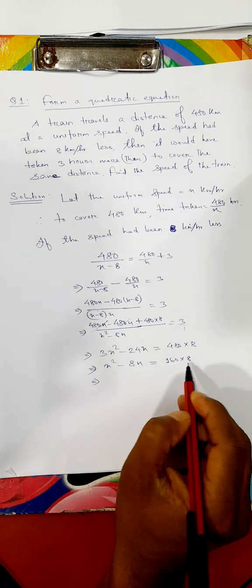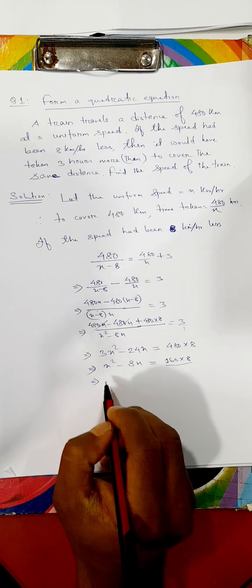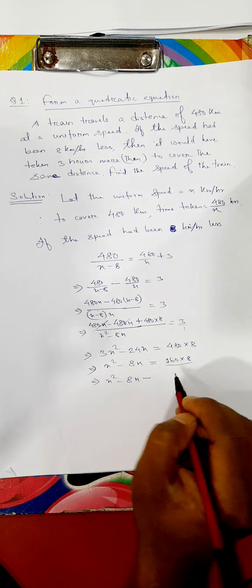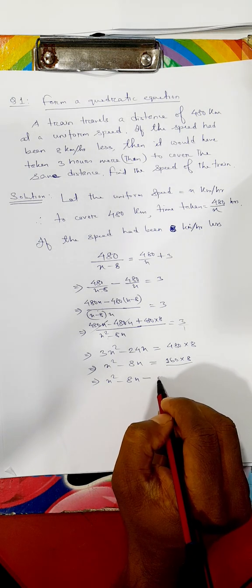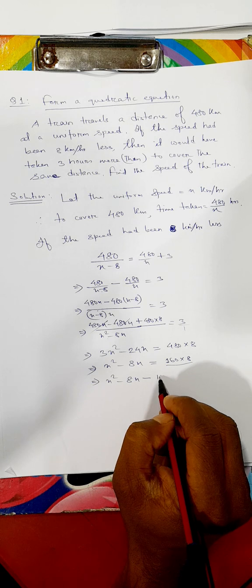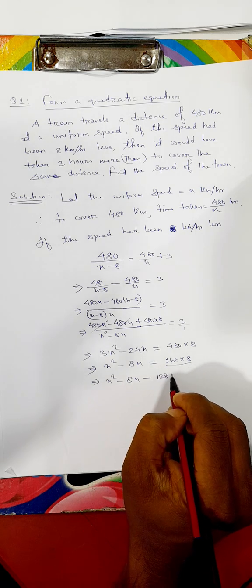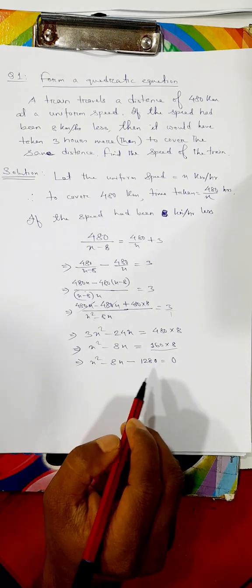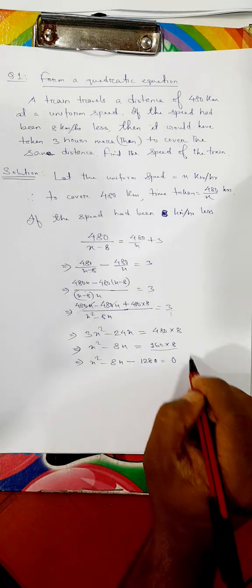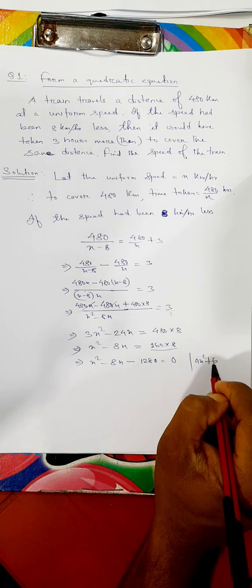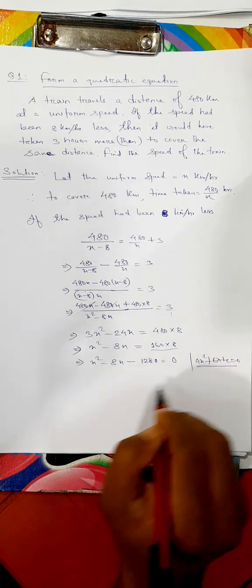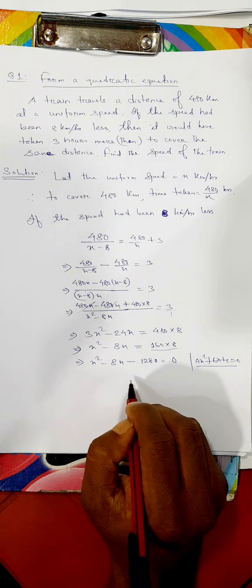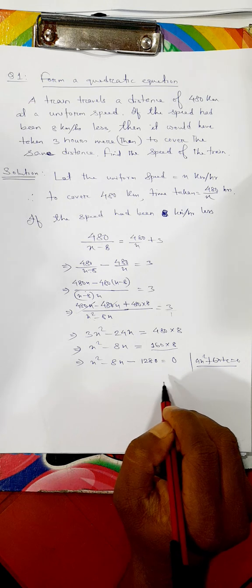So if we transpose the term to the left hand side, this becomes x square minus 8x minus 1280 equal to 0. So it becomes a quadratic equation of the style ax square plus bx plus c equal to 0. We formed a quadratic equation. Now we have to solve this equation to find the speed of the train.